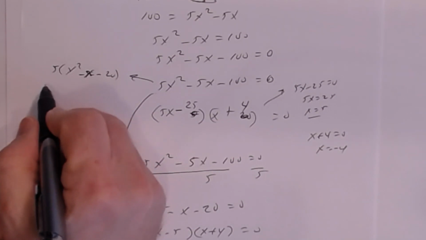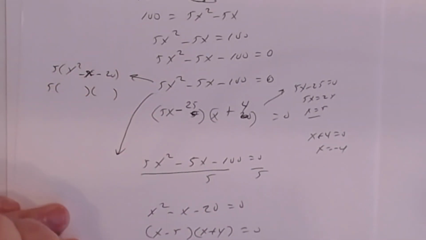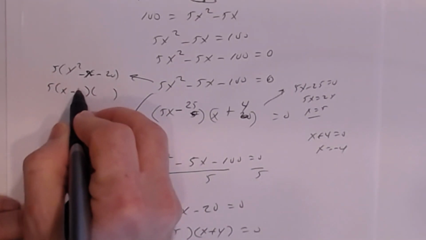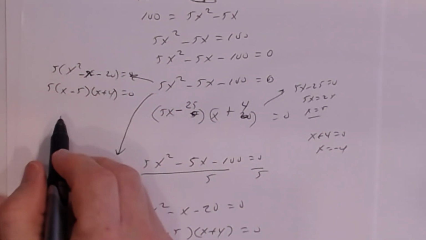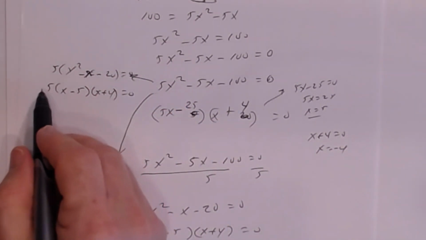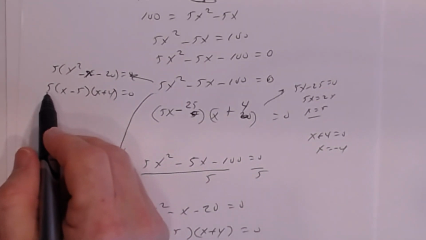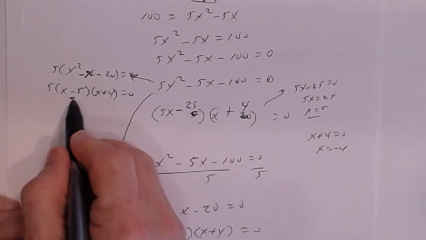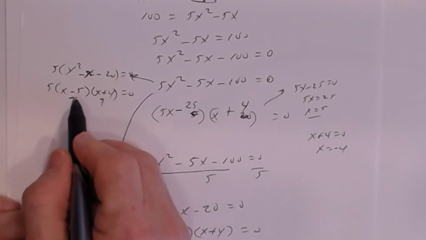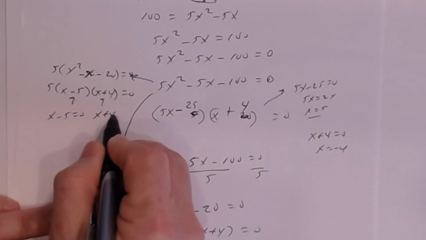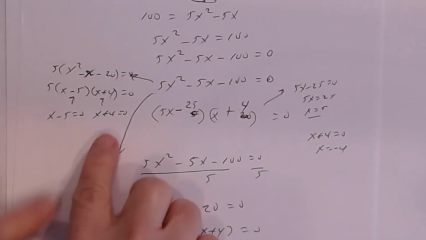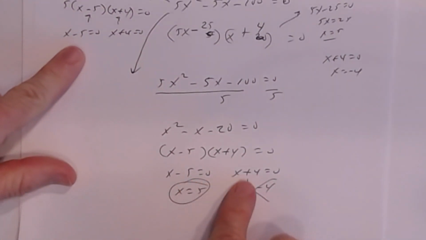And so now this becomes 5 times, and then you factor, so you get x minus 5, x plus 4, and remember that's equal to 0. And then you set each factor equal to 0. The problem is that this factor doesn't have a variable in it, so you don't even use it. So you're just going to use these two because these are the only ones with variables. So you can say x minus 5 equals 0, x plus 4 equals 0. And then now that looks like this.